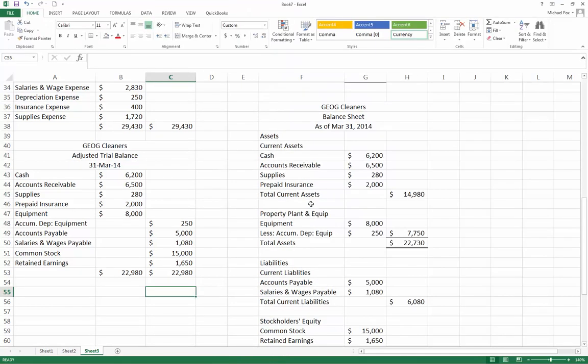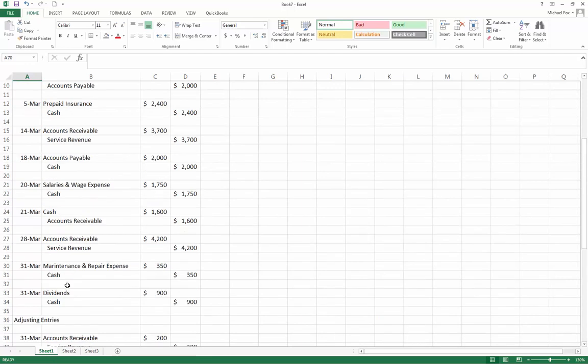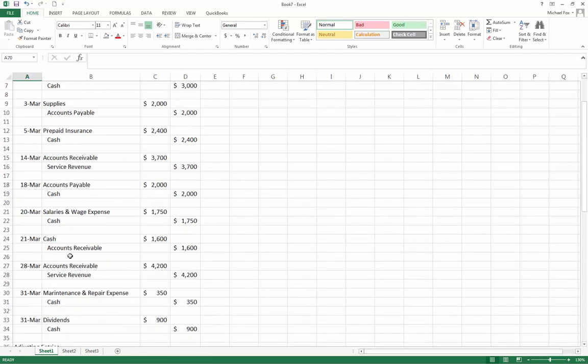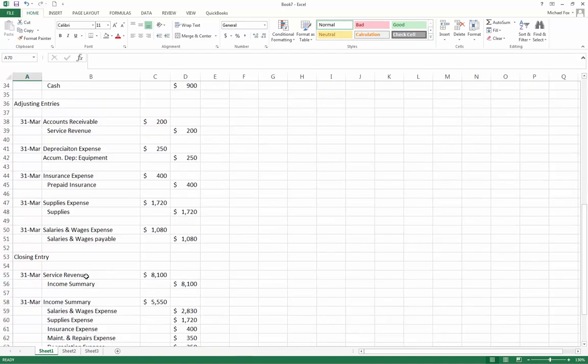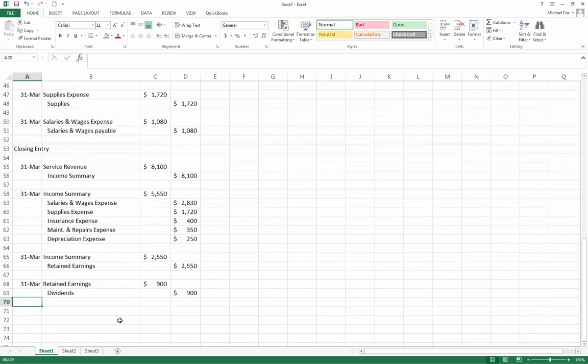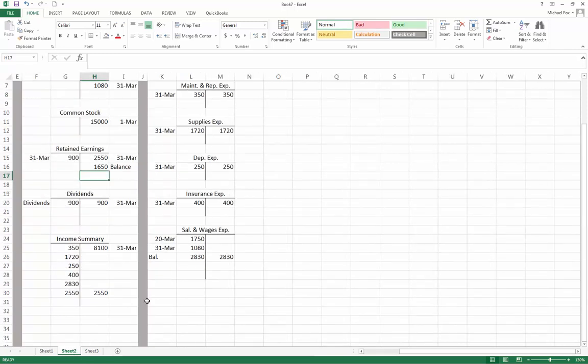Hopefully you were able to follow that as I went through it. So you'll see our journal entries now are broken into our regular transactions, our adjusting entries, and our closing entries. And then we did all of those on the T accounts. For each of these accounts, I could put a balance of 0 at the end, if that would make it clearer.